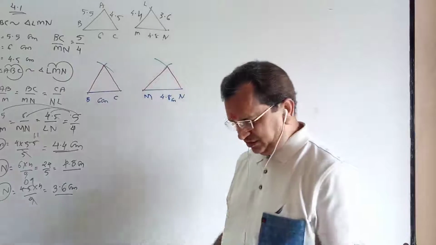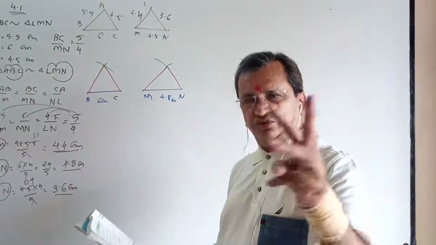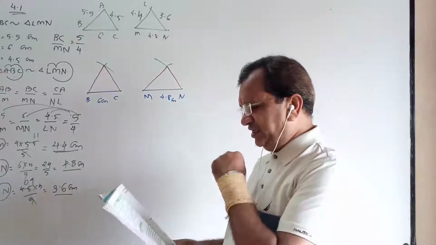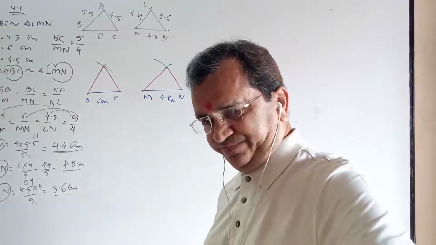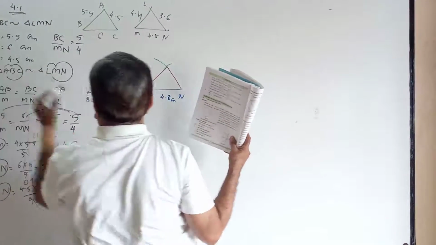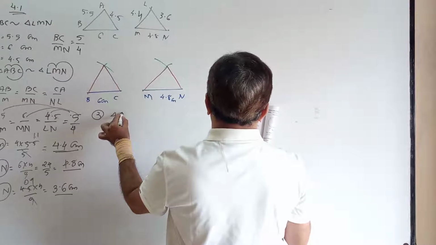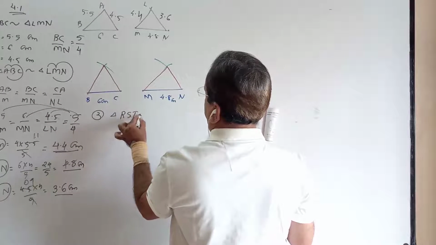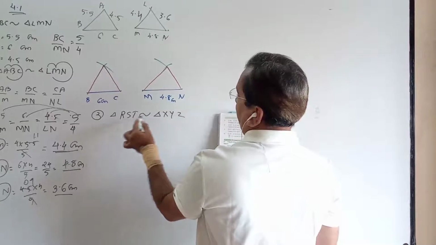In a different similarity test you have to do. In the next triangle also 3 sides are given, and the rest of the 3 you have to find out. Now in the third one, the first and second are exactly the same. Third, triangle RST, triangle XYZ.